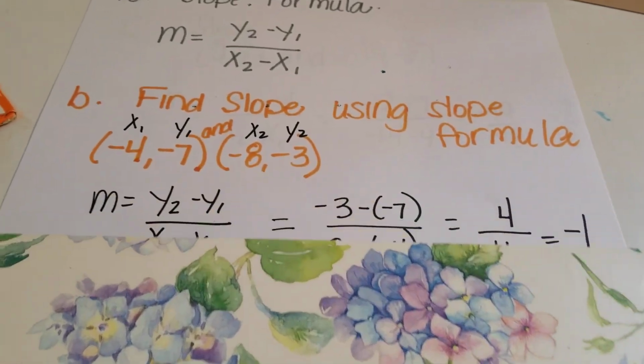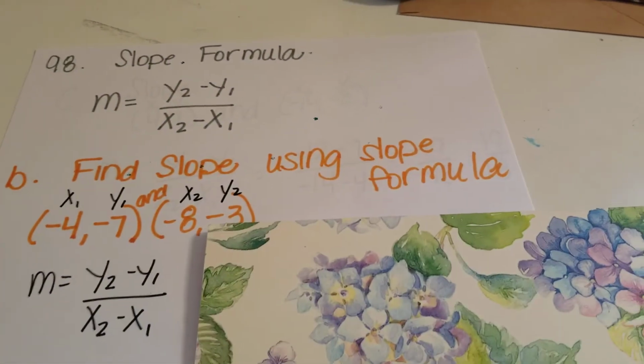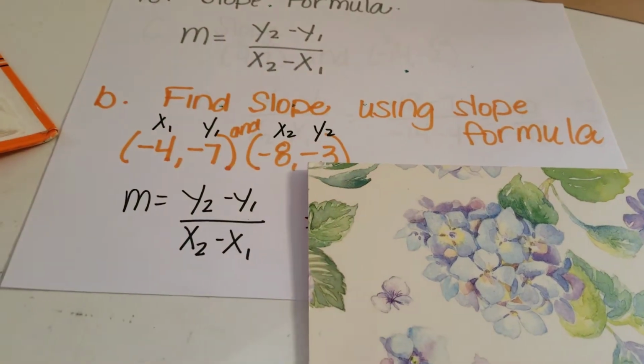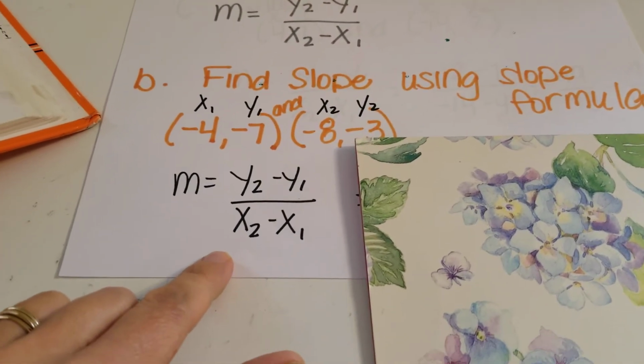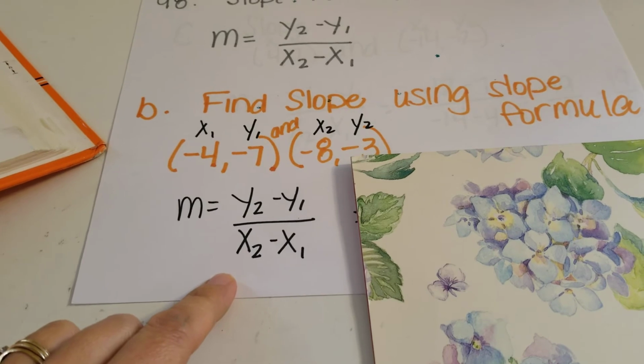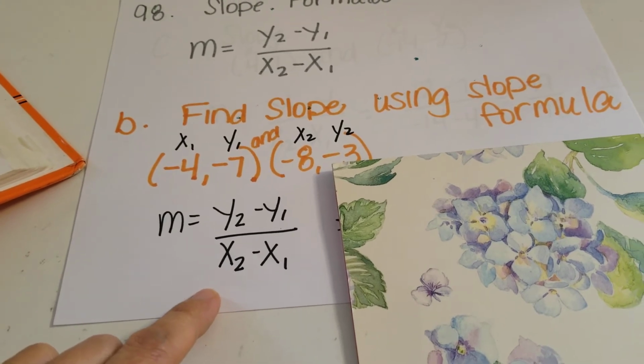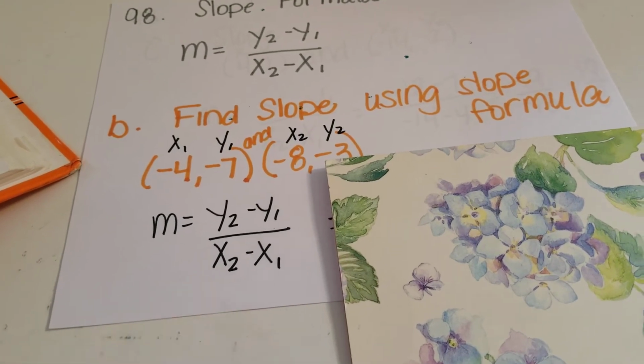I always write my formulas down, such a good habit so that your teacher and you can stay organized. So here's my slope formula, m equals y2 minus y1 over x2 minus x1.